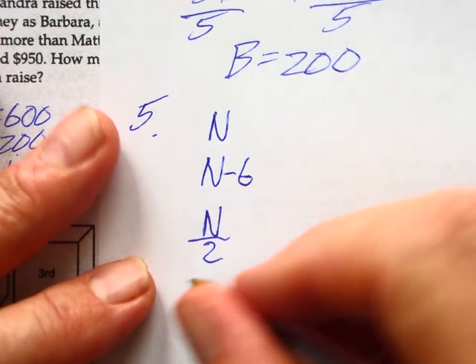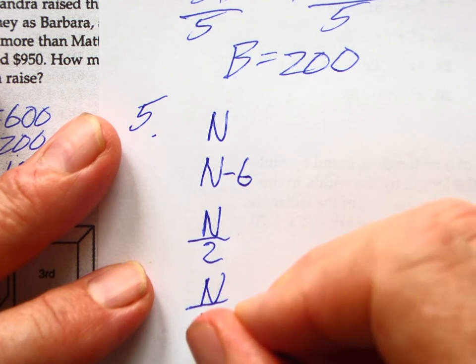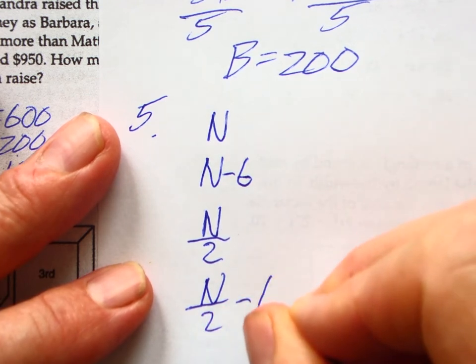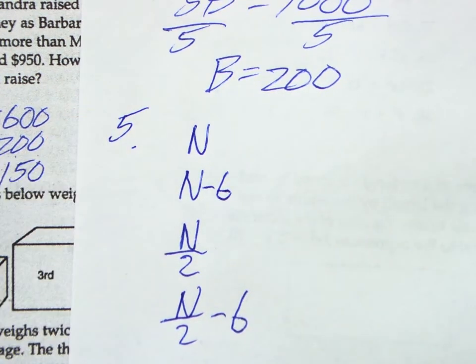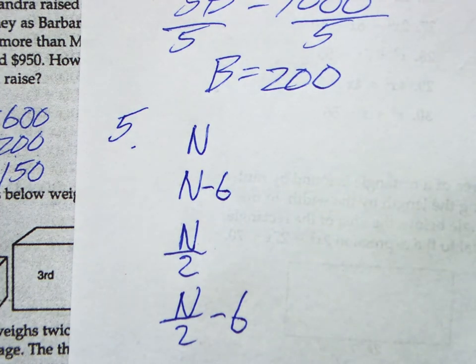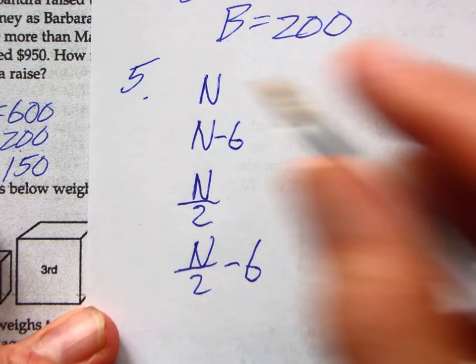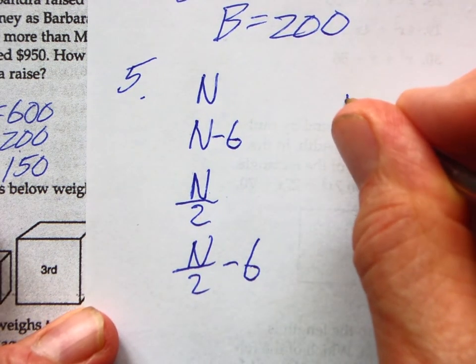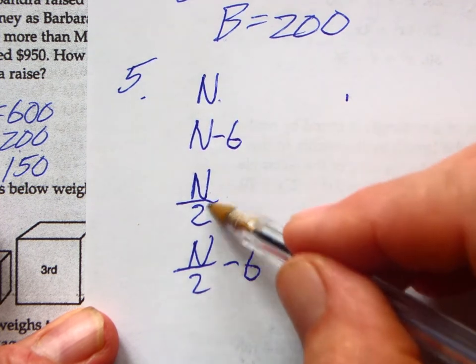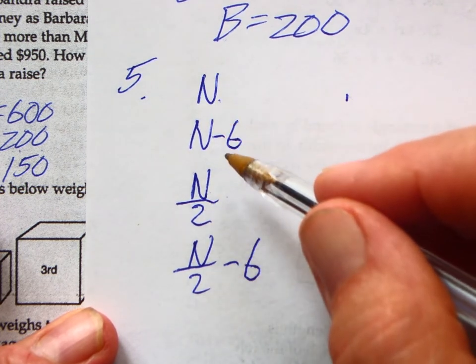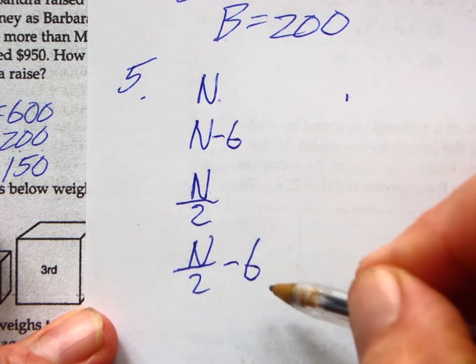How old was she 6 years ago? n over 2 minus 6. Now what do we do? Well, we know n over 2 and n minus 6 and n over 2 minus 6.